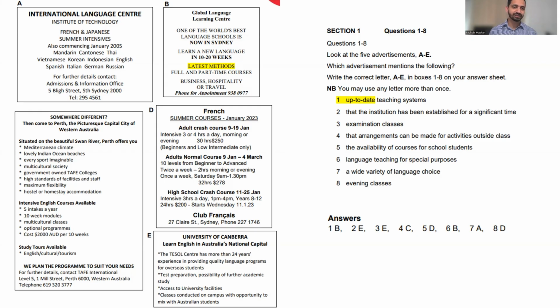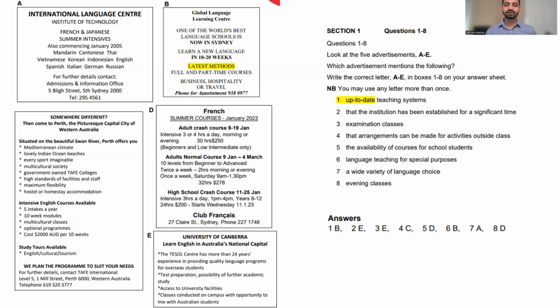So if you look at C here, it does say that outside of the class, it talks about situation of beautiful river, offers you Mediterranean climate, lovely Indian Ocean beaches, every sport imaginable. So these are some of the activities that have been mentioned here. Right, study tours available. It's outside class, right? So tours are available. Obviously, that's the link between those, right?